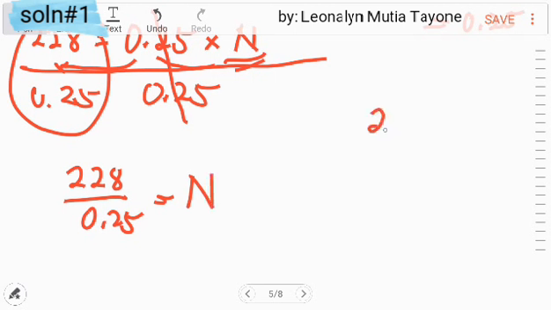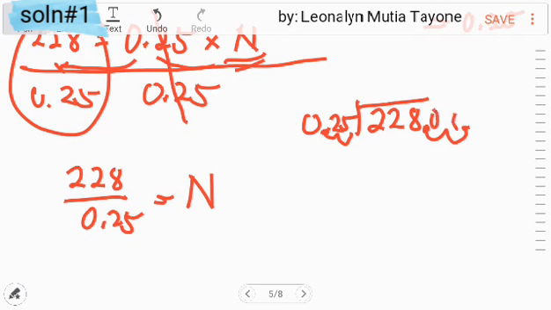Isa-isahin natin. I-divide natin siya by 0.25. Bali, itong divisor natin, gawin nating whole number siya. Kung nag-move ka ng dalawa, itong decimal dito, mag-move ka rin ng dalawa. Itong space, lagyan mo ng 0. Itong decimal, i-align mo sa taas doon sa magiging quotient mo.